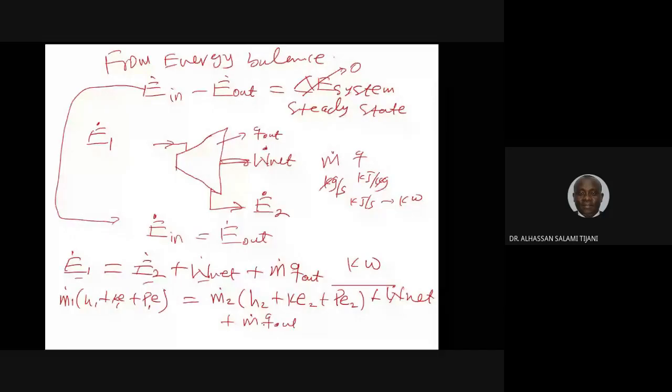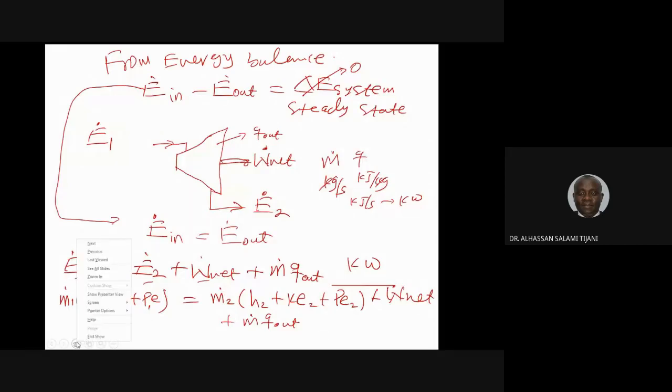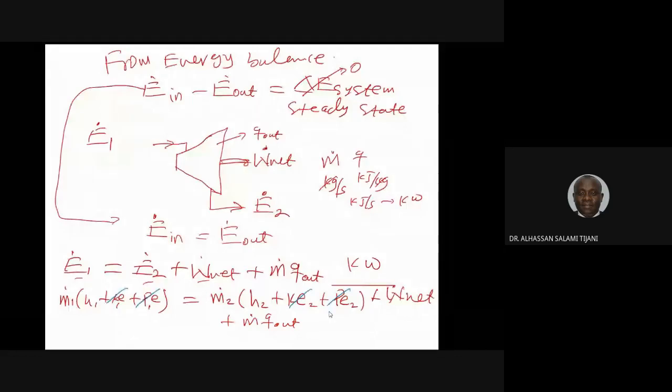All right, so now some terms need to cancel out. We always assume that the changes in potential and kinetic energy terms are equal to 0, so these quantities will be 0. Eventually, we'll be left with mass flow rate M1 H1 equals M2 H2 plus W net plus mass flow rate times Q out.